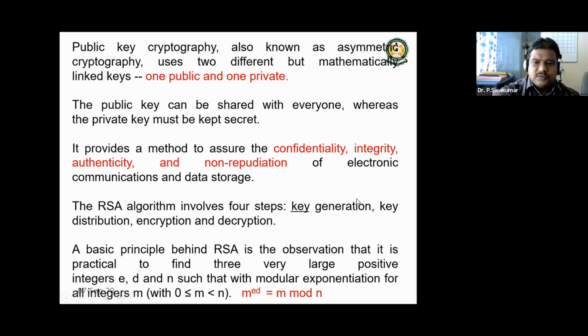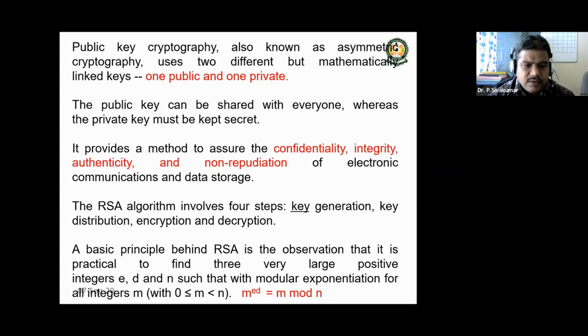Second one is key distribution, meaning how the two keys, private and public, are related to each other. Third is the encryption algorithm. Fourth is the decryption algorithm.